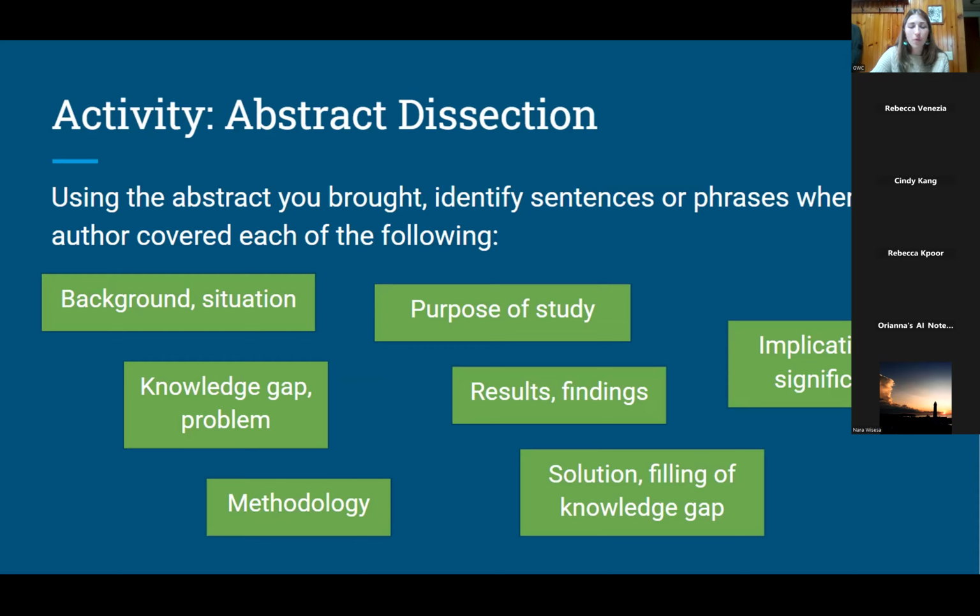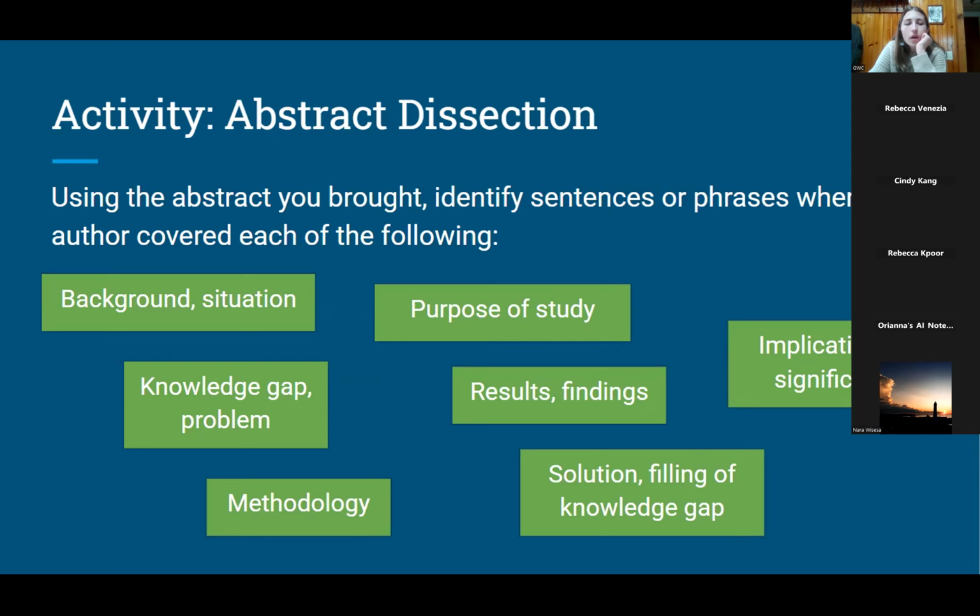I am going to share an abstract from a paper that I think is a good one. What I'm going to do is first copy and paste this link into the chat. So this is the abstract that we'll use for this activity.